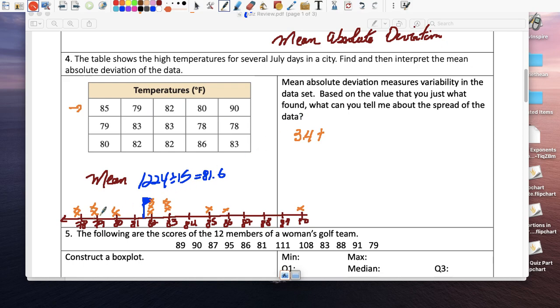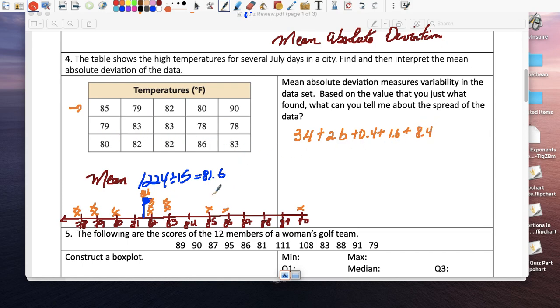That would be 1, 2, 2.6. 82, you're just 0.4 away. 80, let me just write 81.6 over here. 80, you're 1.6 away. 90, you're quite far. 90 to 81.6, I can use the magic wonder of the calculator, that's 8.4.